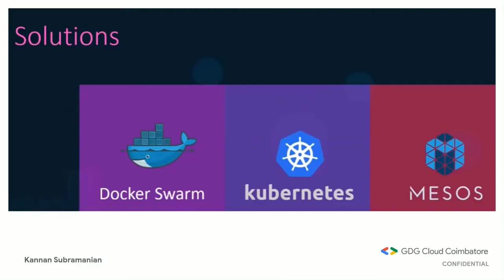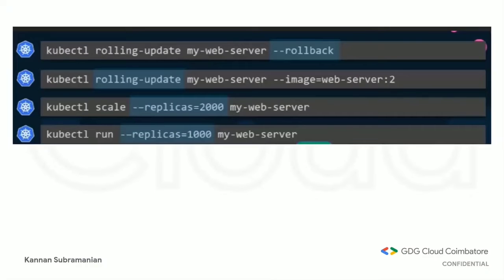Now we are seeing that it is very easy and simple to start with Kubernetes using the Kubernetes CLI, known as kubectl. You can run thousands of instances of the same application with a single command.